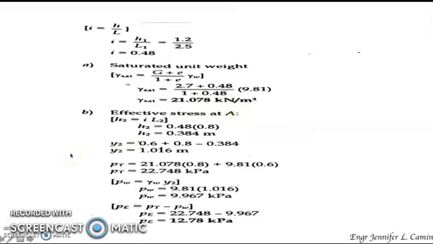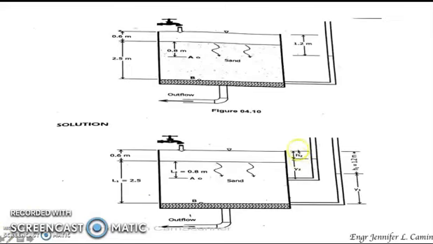Then for the effective stress at point A, we simply use the equation i, which is H over L. So we make use of i equals h2 over L2. Since we are at point A, h2 is equivalent to i times L sub 2.